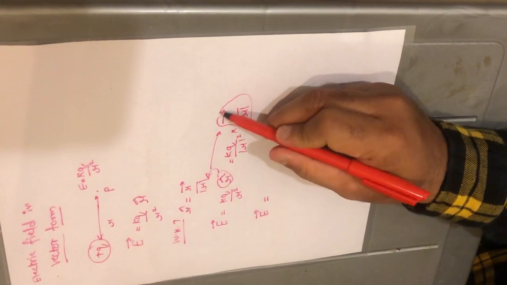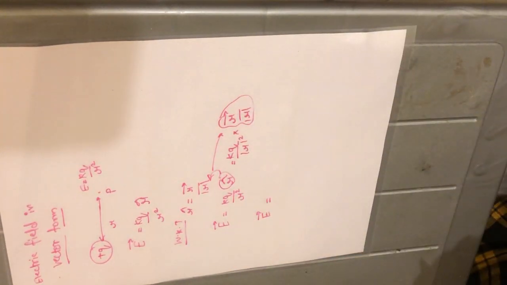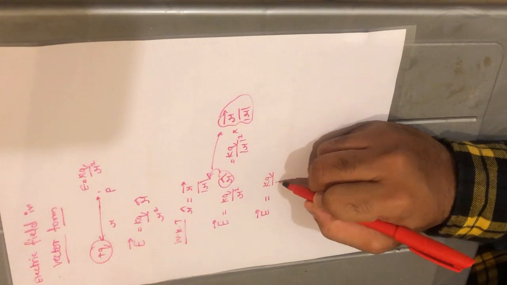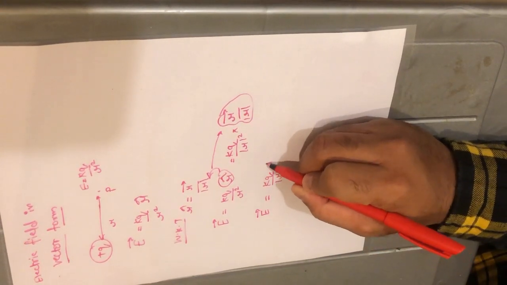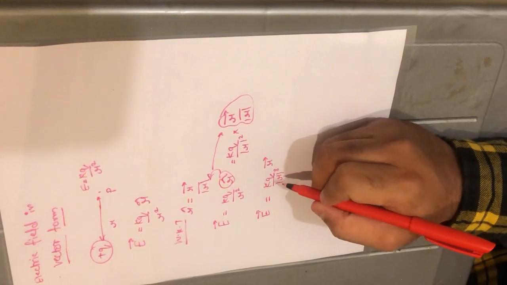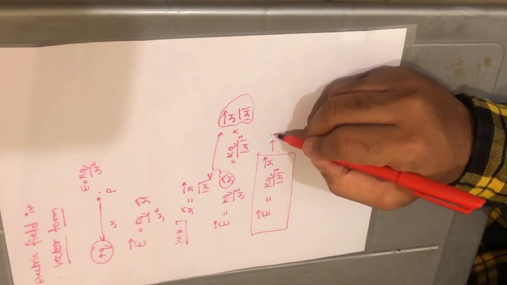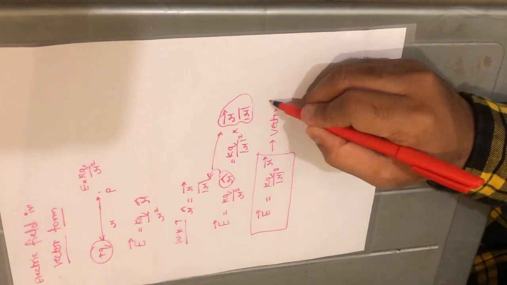This comes from here. So finally it becomes kq over mod of r the whole cube and r vector. So this is the final formula for electric field in the vector format.